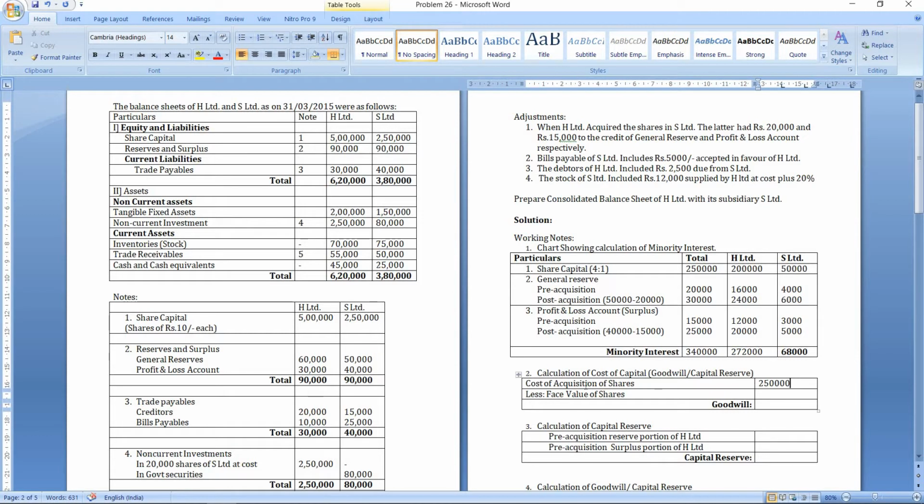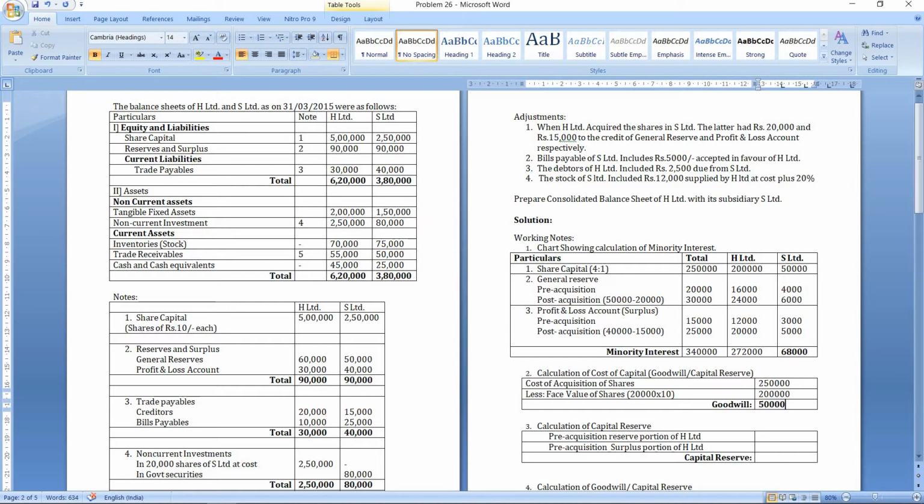Less face value of shares: shares acquired are 20,000 and face value of a share is 10, so 20,000 into 10 is 2 lakh rupees. Cost of acquisition is more than the face value of shares, so that will be goodwill, which is 50,000.